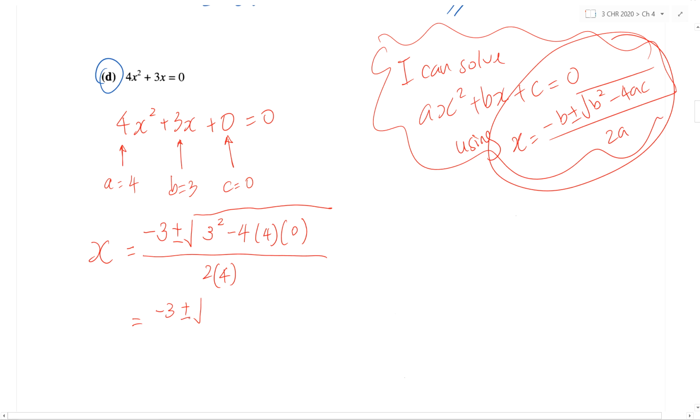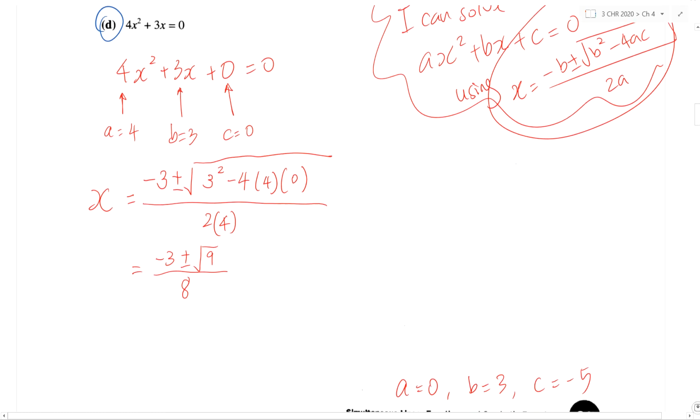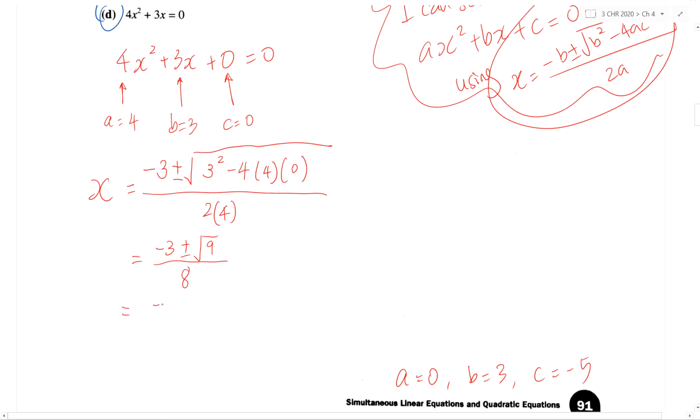So minus 3 plus minus square root of 9, which I know is 3, divided by 2 times 4, which is 8. So this plus minus results in two separate answers. They are minus 3 plus square root 9 over 8, or minus 3 minus square root 9 over 8.